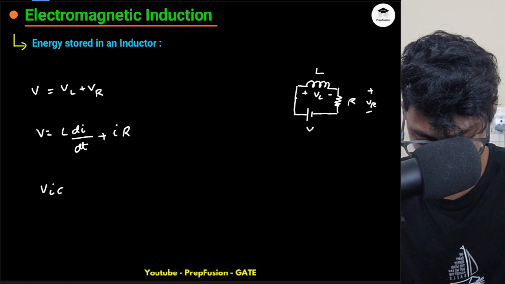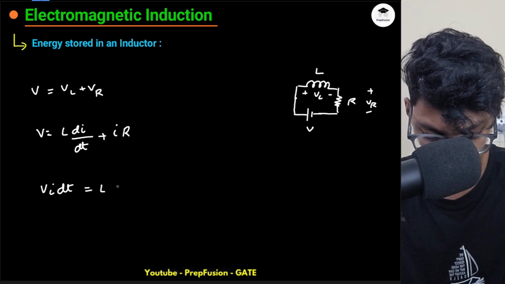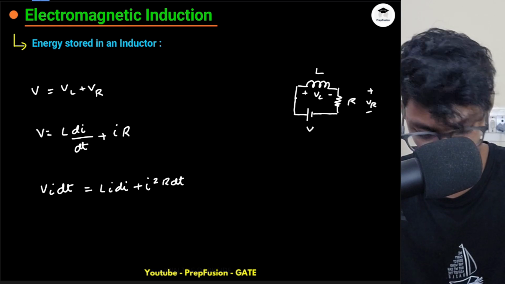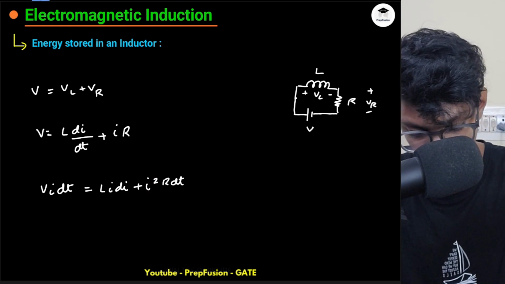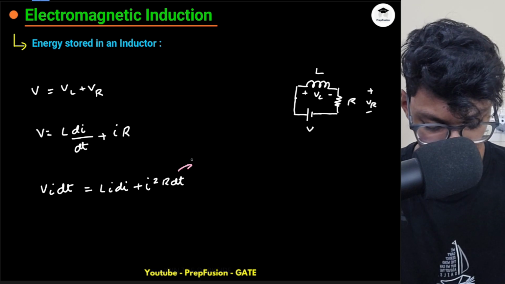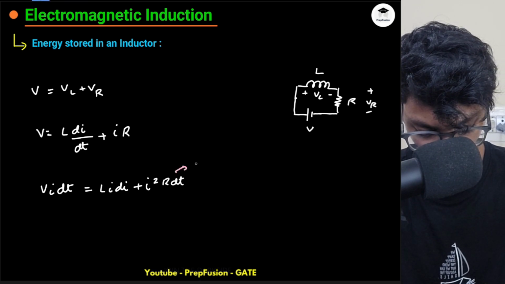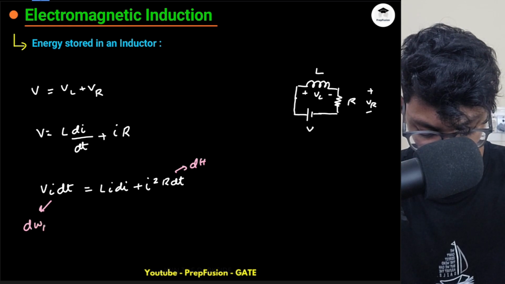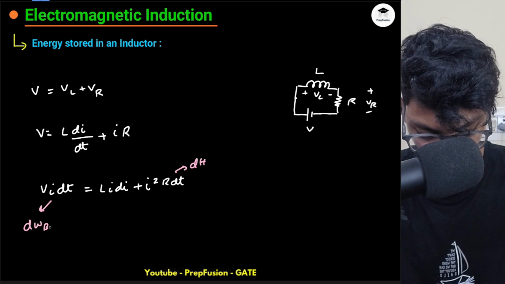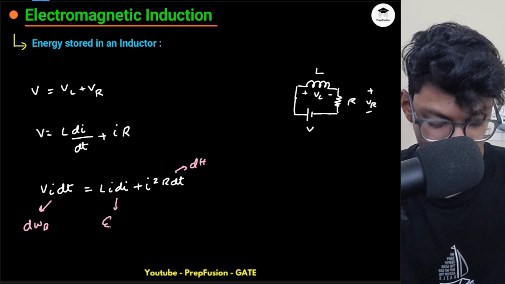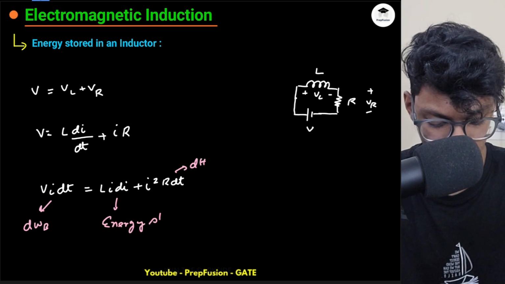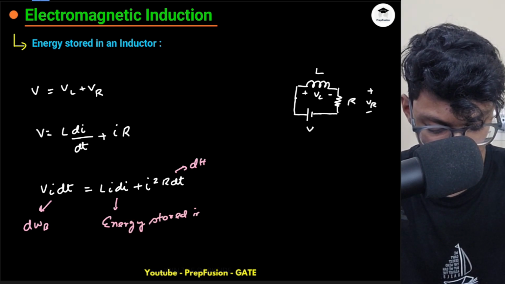V I dt equals L I di plus I square R dt. So this is basically dH, this is the work done by the battery, and this must be the energy stored in the inductor.